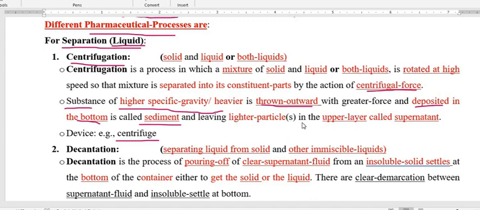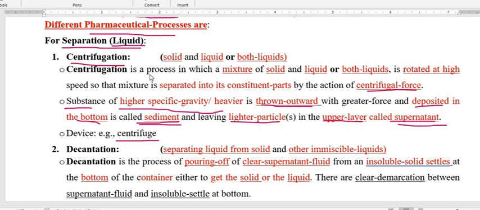And the lighter particles may remain in the upper layer, and we call it the supernatant. So the supernatant is the upper layer of lighter particles, whereas the sediment is heavier, of higher specific gravity, and settles down at the bottom. So what is centrifugation?